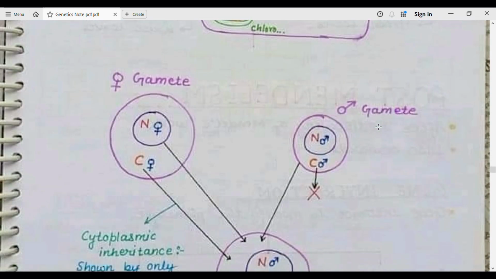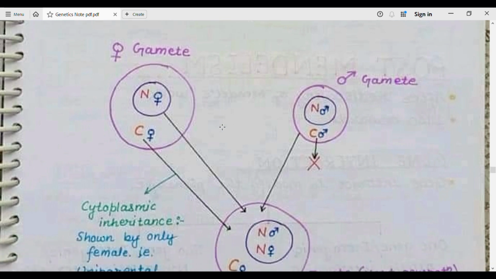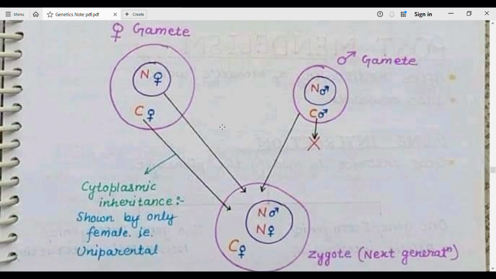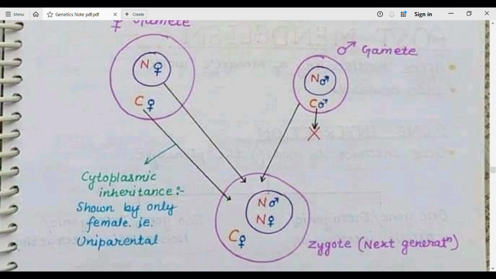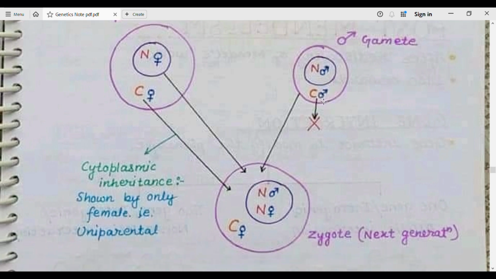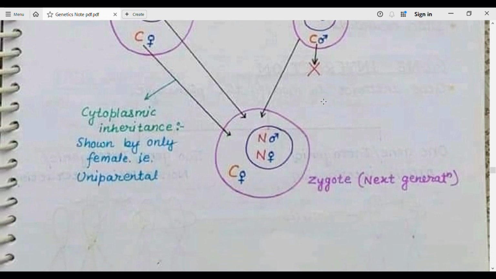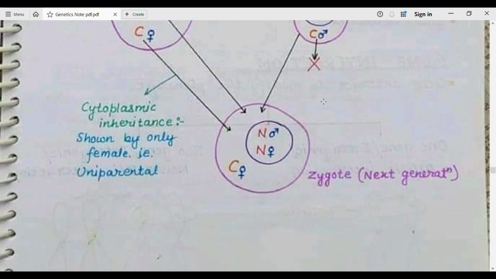Looking at the gametes from male as well as female in cytoplasmic inheritance, most of the cytoplasm of the female gamete is used, while the male gamete has less cytoplasm. So the gene present in the cytoplasm of the female is passed on to the offspring, or transferred to the next generation.